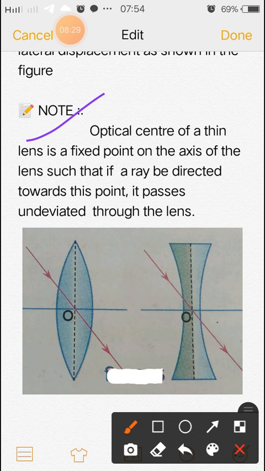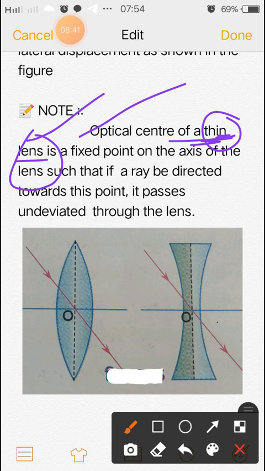The definition of the optical center of a thin lens is different. Remember, this is the definition for a thin lens, not the general case.